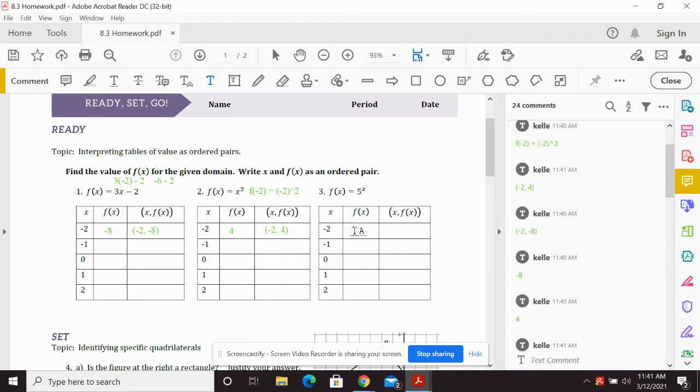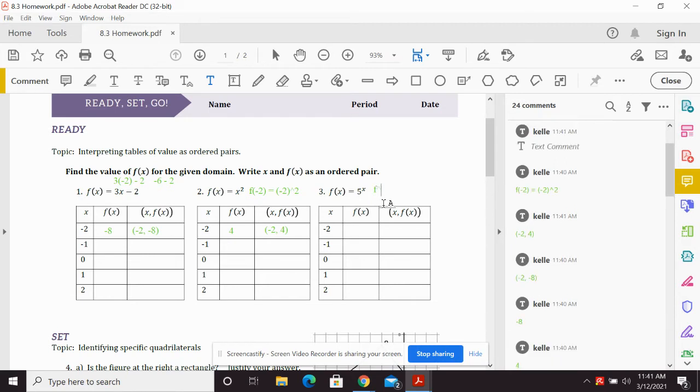And then finally, f of x equals 5 raised to the x power. Whatever x is, that's going to be your exponent. So I have 5 raised to the -2. When you have a negative exponent, it means that you flip it.